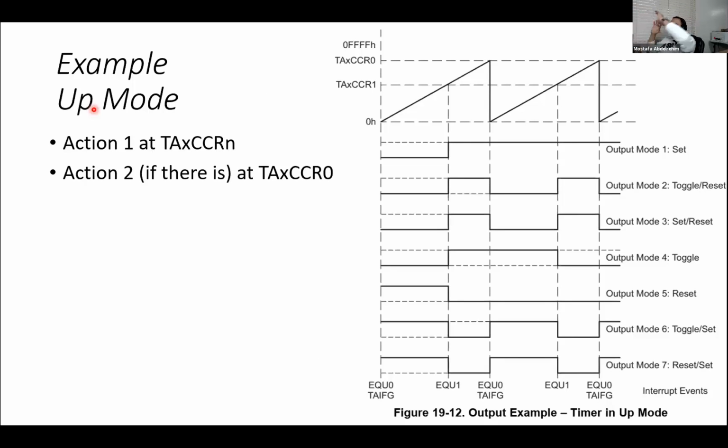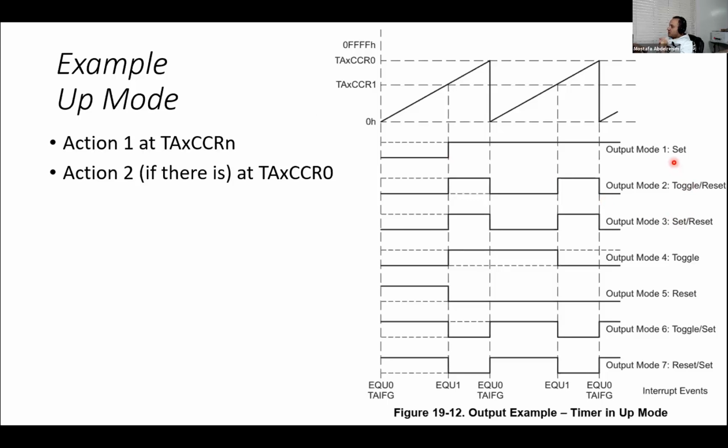You know that your timer can work either in up mode, roll over, or up down count. In the up mode, let's see all the 7 modes that I showed you: set, reset, toggle, set reset, toggle reset, and toggle set. Here are all the examples. So the basic, main configuration is up mode. Now for this example, up mode.